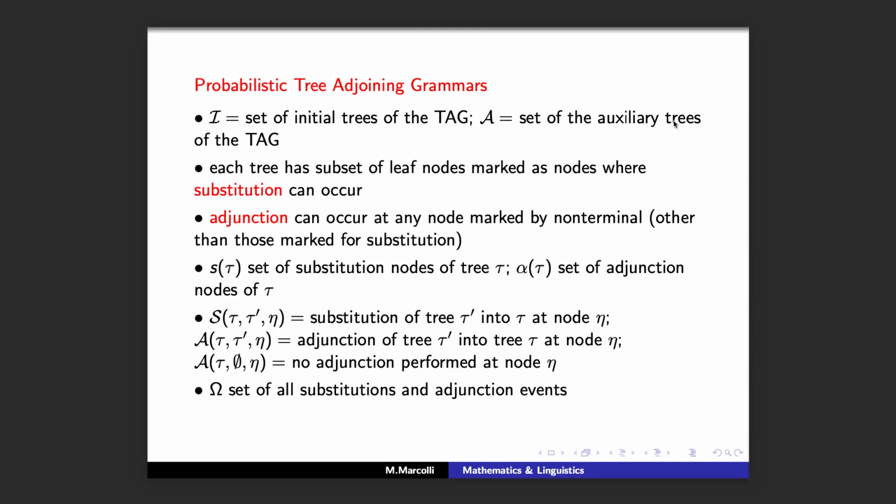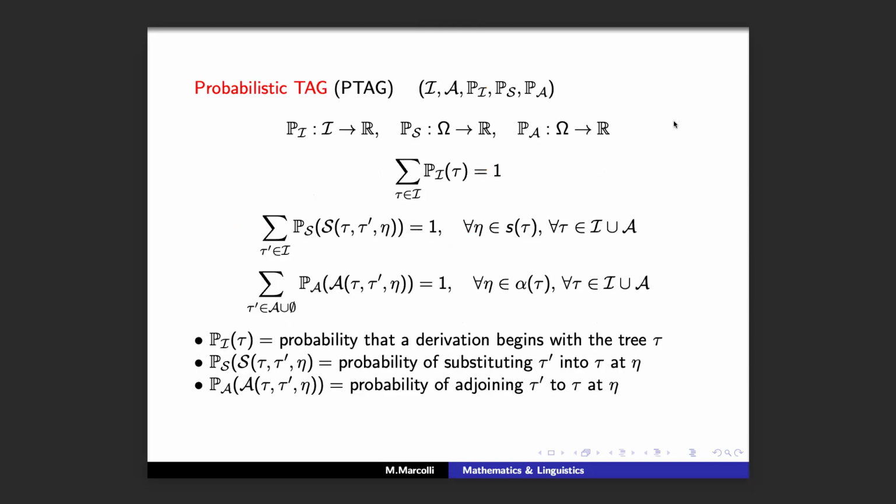So you have a certain set of all these possible operations that you can perform on a given collection of trees. And you can assign probabilities by assigning probabilities to these various operations in a way that, starting with a certain tree, the sum of all the possible probabilities is equal to 1.